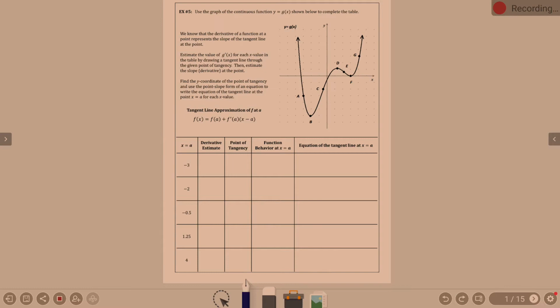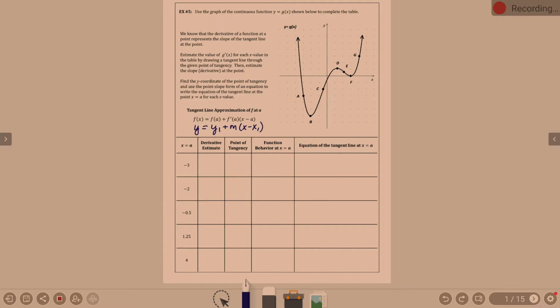This is really very much like what we've been doing. You can think of this as y equals y1 plus m times x minus x1. That's essentially what they're doing there.